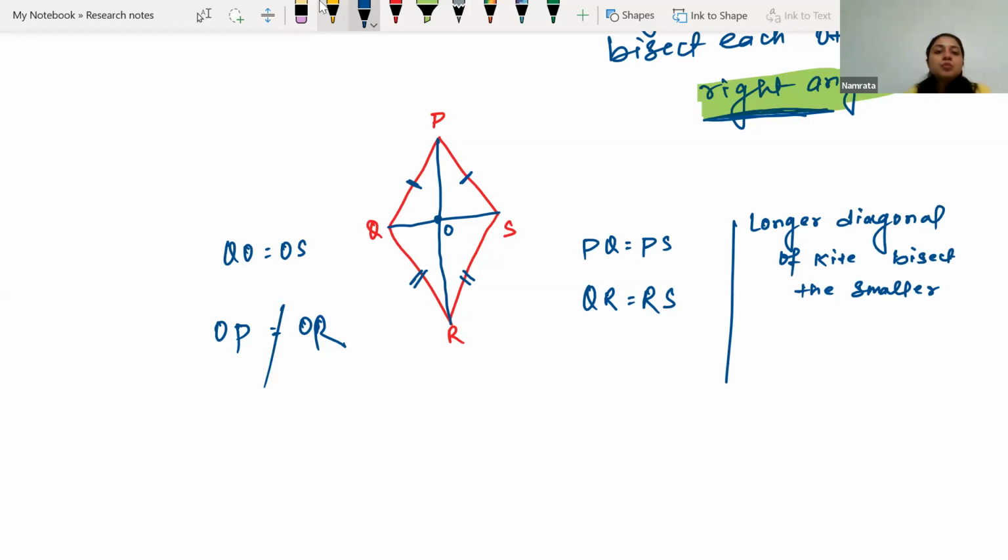Okay. One more property is there for a kite: the angle between non-equal sides. As you can see, PQ and QR are non-equal sides, right? These two greens, this green and this green, these two are non-equal sides, right?